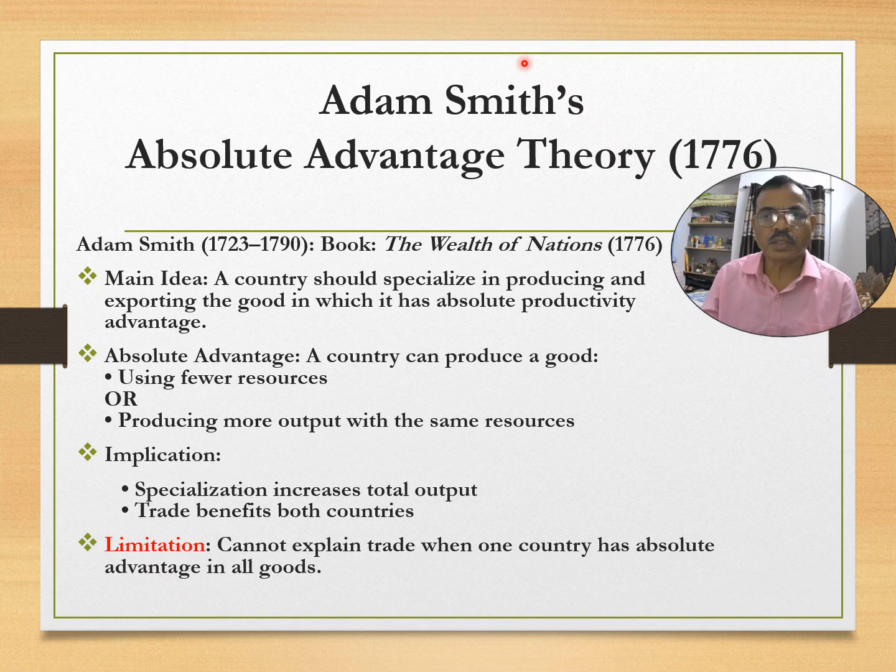However, Adam Smith's theory has an important limitation. It cannot explain trade when a country has absolute advantage in producing all goods. If one country is more efficient in everything, then according to Smith, the other country would have no role in trade.